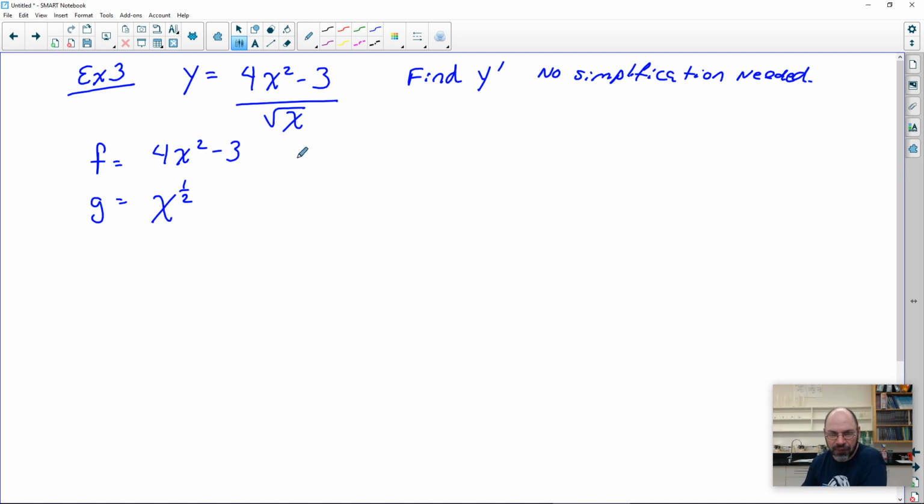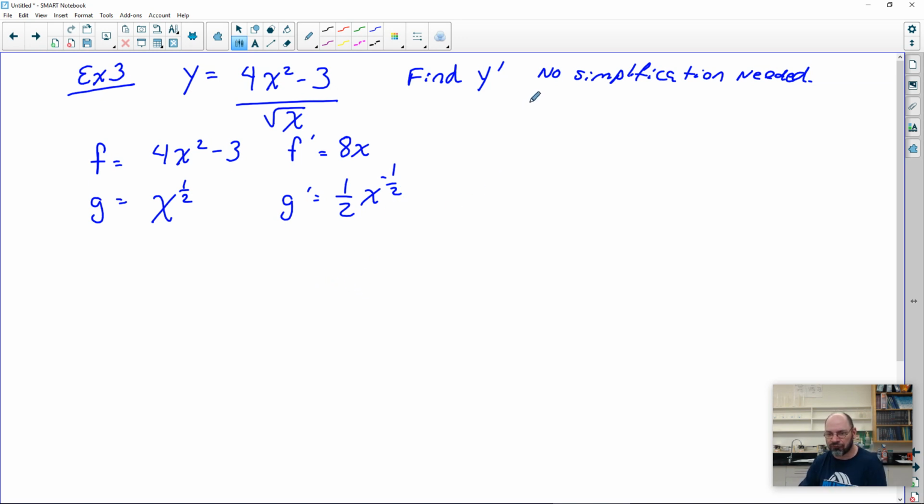Now if we've got that, we want the primes to be done. f prime, so we go 2 times 4, which is 8x, as we subtract 1 from 2. So that's going to be 8x. And the derivative of -3 is 0, so that's okay. g prime is going to be equal to 1/2 x, and then we take 1/2 and subtract 1, which will give us -1/2. Okay, so there is our setup.